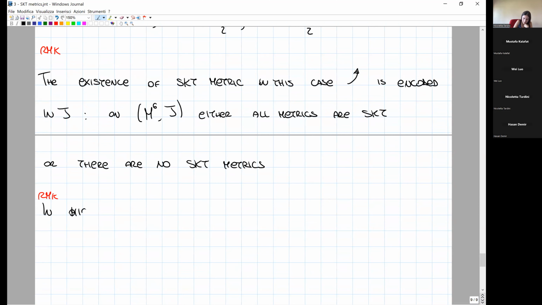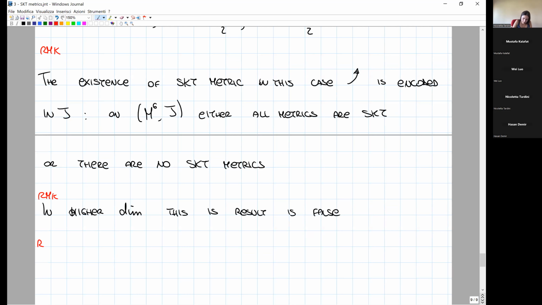In higher dimension, already in dimension 8, actually, this result doesn't have an analog. Okay, so it's false, meaning that you can find 8-dimensional nil-manifolds with SKT metrics and metrics that are not SKT.